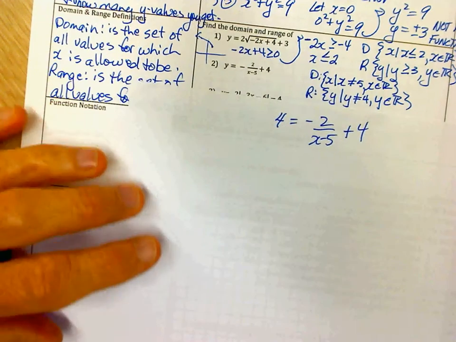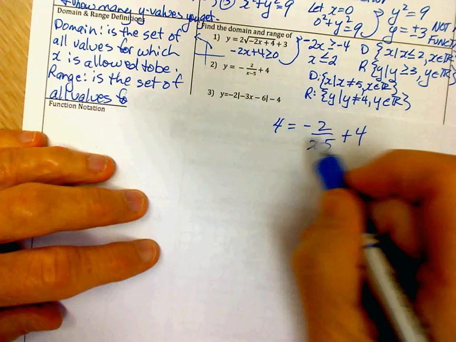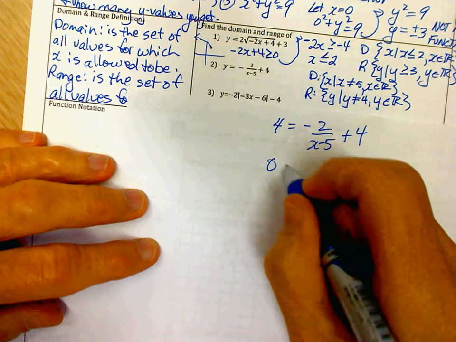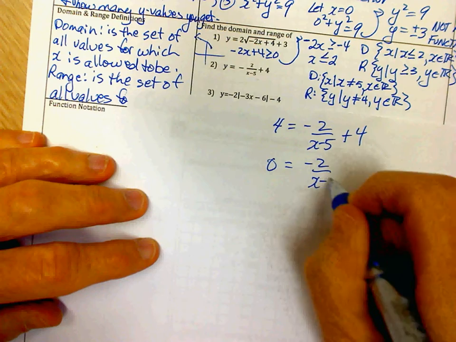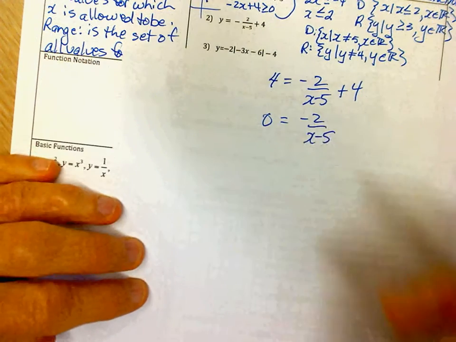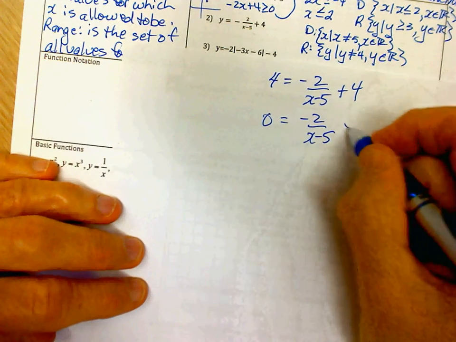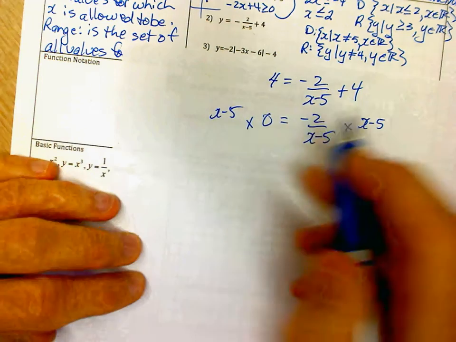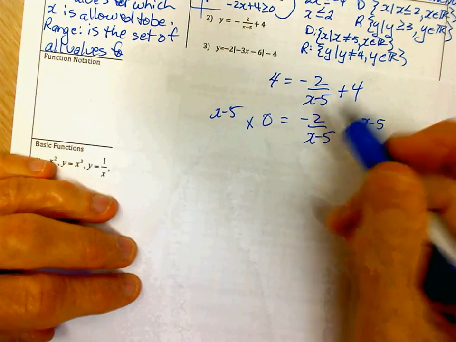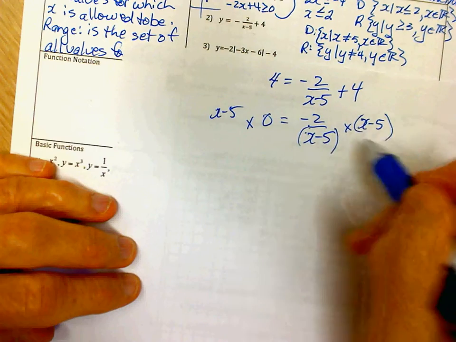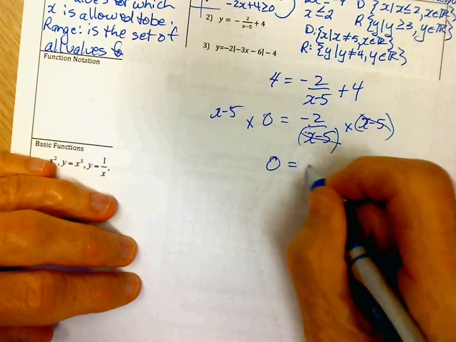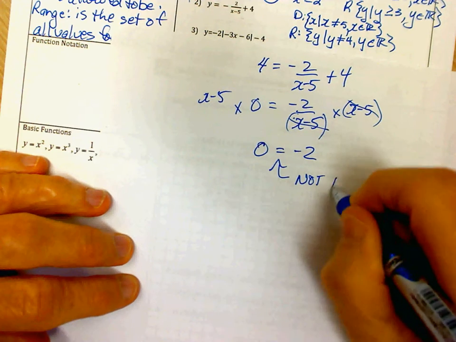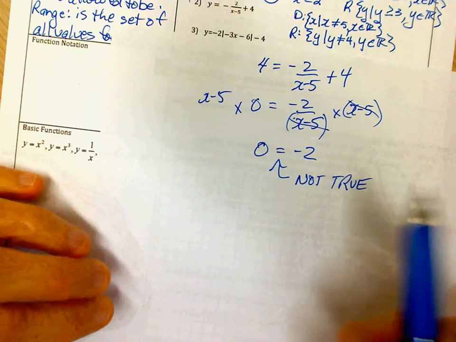If I subtract 4 from both sides, I get 0 equals negative 2 over x minus 5. Now watch what happens when I multiply both sides by x minus 5 to get rid of this denominator. 0 times anything is 0. This divides out, and I'm left with 0 equals negative 2. This is not true. So for this reason, y cannot be 4.